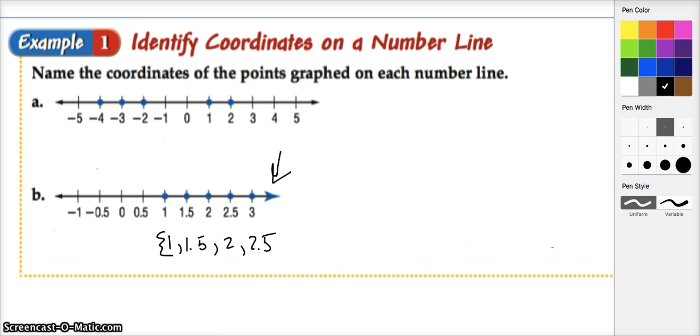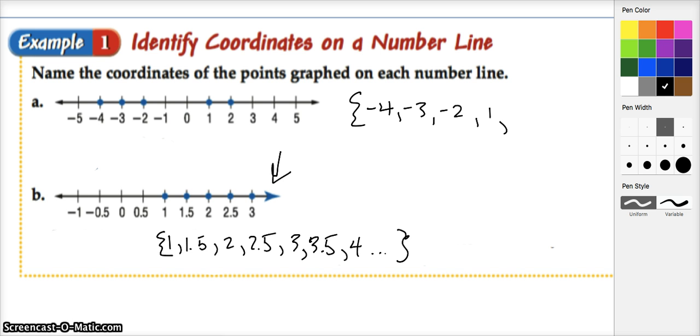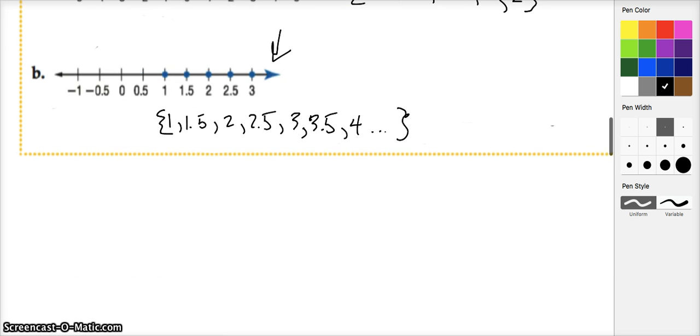And since I'm continuing in that way, I can assume that 3 and then 3.5 and then 4. That was a little tricky, but we're pretty cool. This is what we have to recognize this is representing. And then here I would write: the set of -4, -3, -2, 1, and 2 is the set that's being referred to here. Not too difficult.